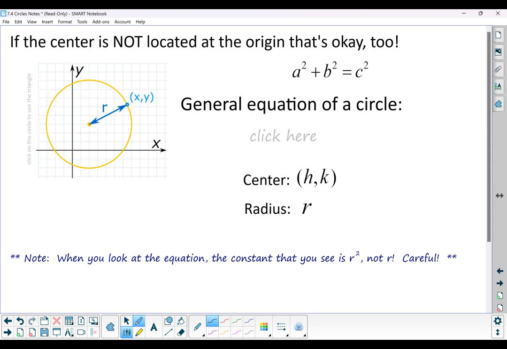But what I want to think about is what does this equation end up looking like? So I'm going to click right here and bring up this right triangle, because just because it's not centered at the origin doesn't mean we can't think about a right triangle here.